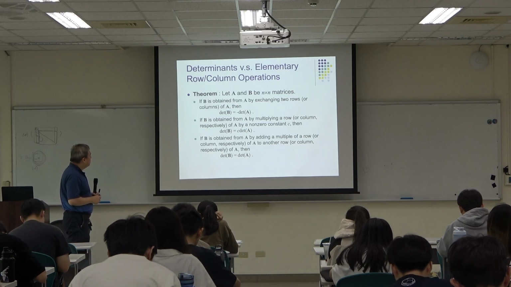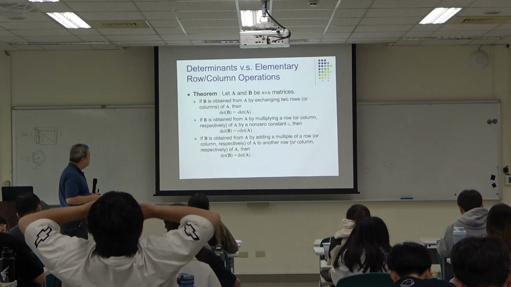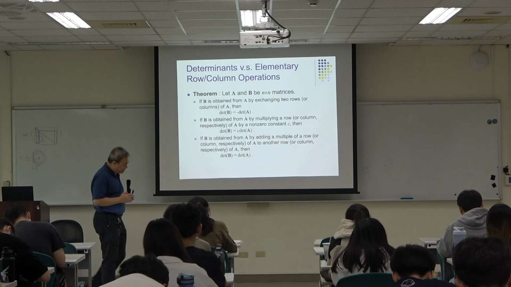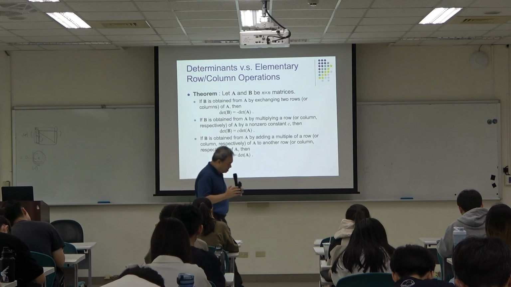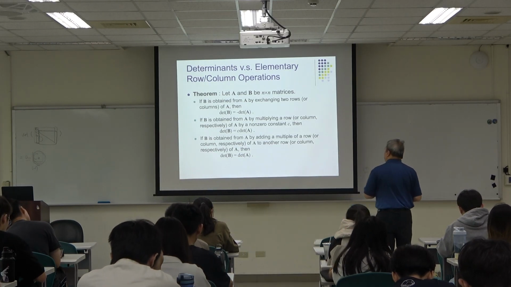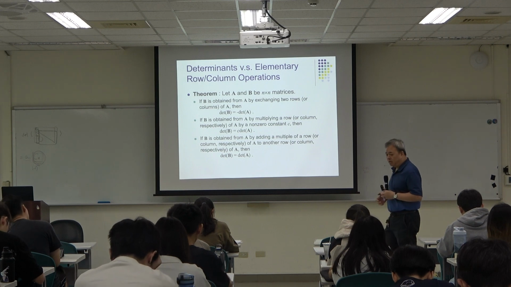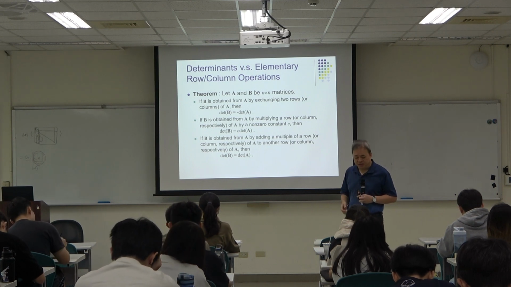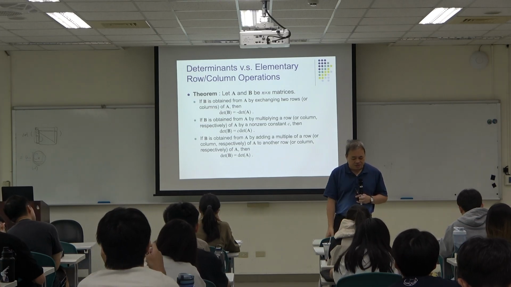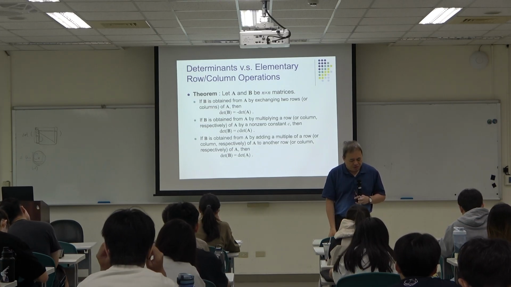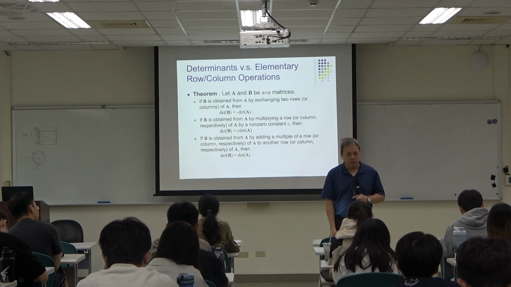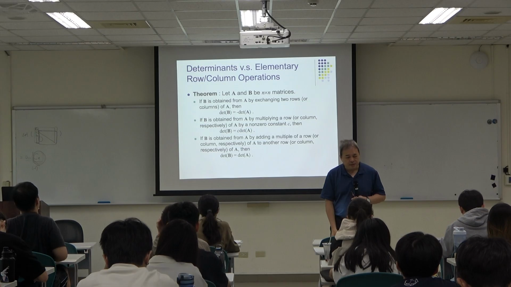So here's a very, very important thing. We are now trying to connect the determinant with the row operations. Actually, we are doing something more aggressive. Because in chapter 1, we only discussed elementary row operations, right?